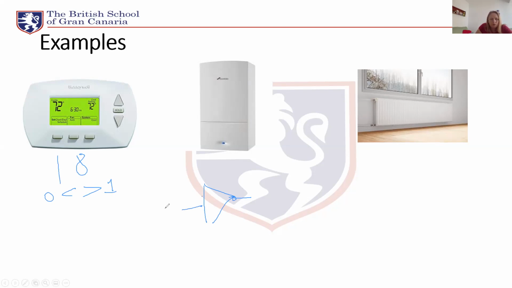So, for example, here's a question. Is the room temperature above 18 degrees? Yes. We don't want the heating on because the room temperature is good enough, okay? So, is the room temperature above 18 degrees?